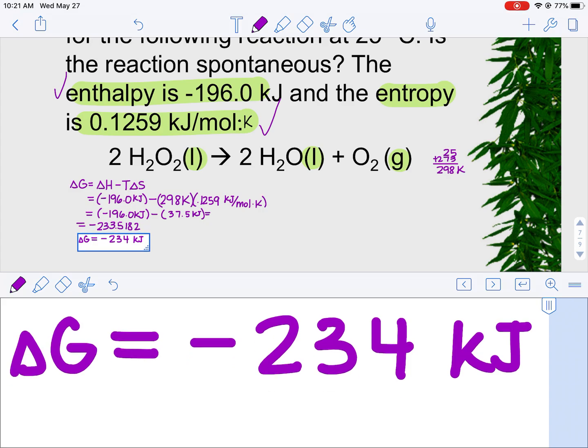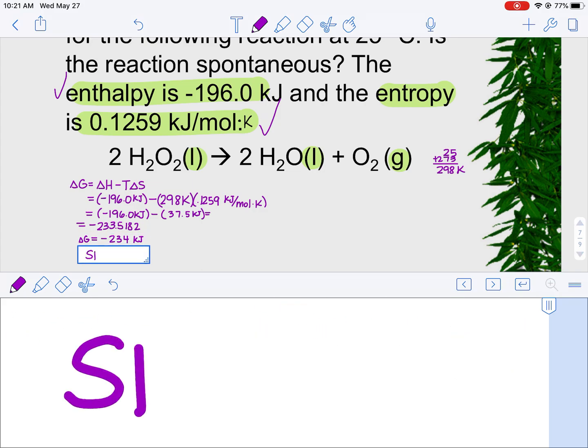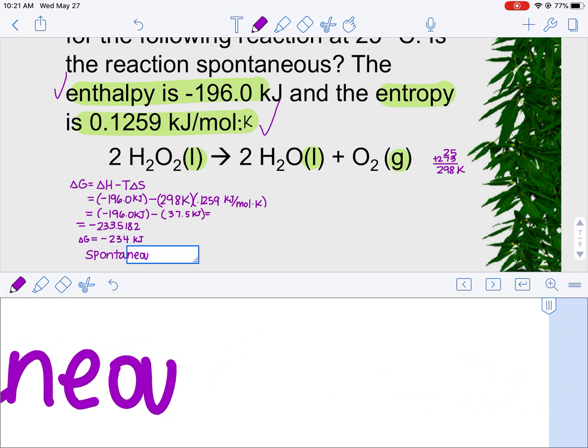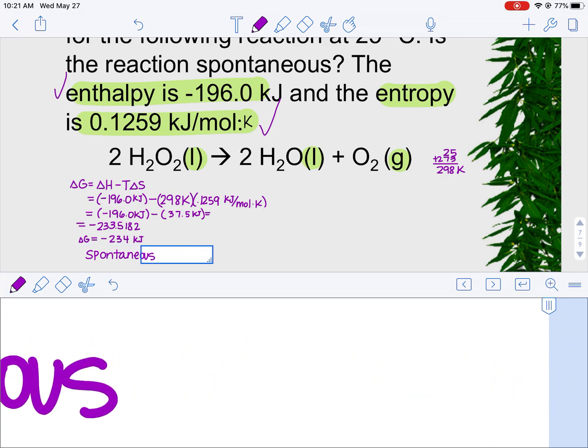And the question asked, is it spontaneous? Again, because it's a negative sign, yes, this is spontaneous. This reaction will just work. And for those of you who've never done it before, I don't suggest doing it right now, but if you take your hydrogen peroxide and pour it out into the sink and you're very quiet, you'll be able to hear the fizzing.